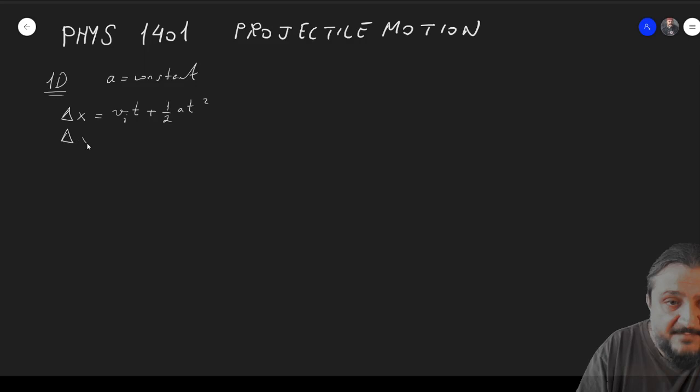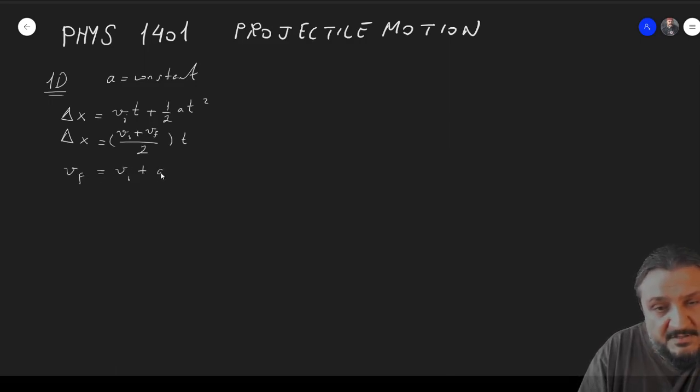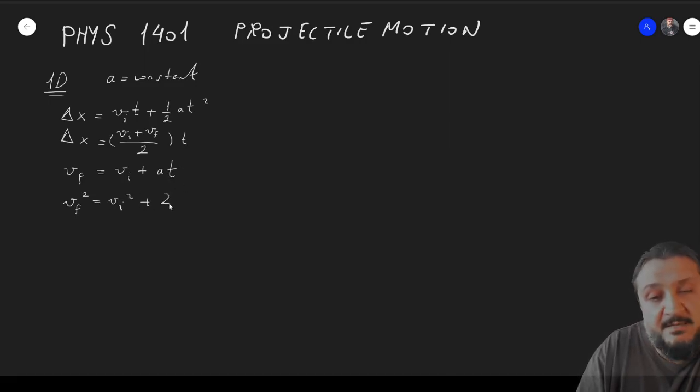We also have delta x in terms of the average velocity times t, and the final velocity in terms of initial velocity and acceleration and time. And the 4th equation is without time, but in terms of initial and final velocities, plus 2a delta x.